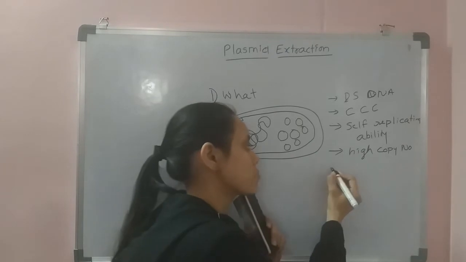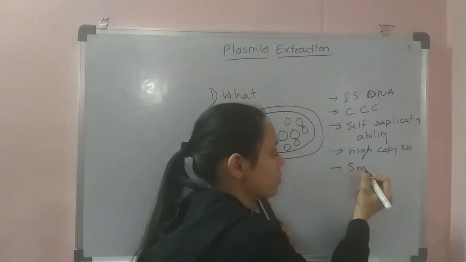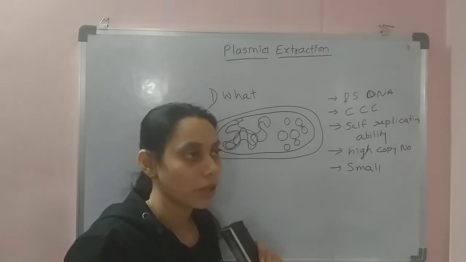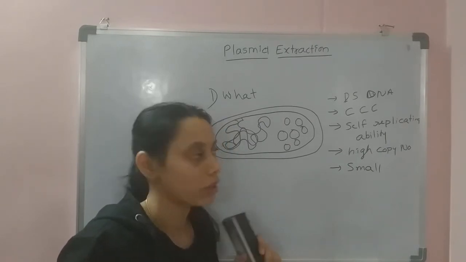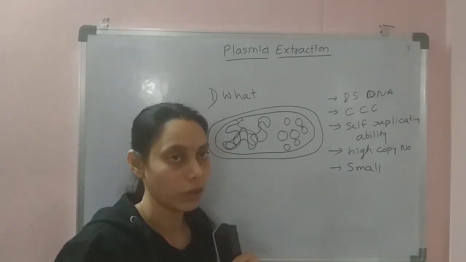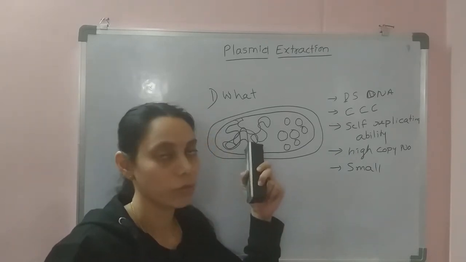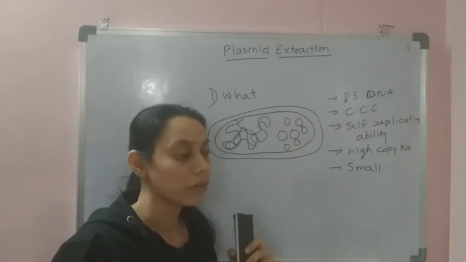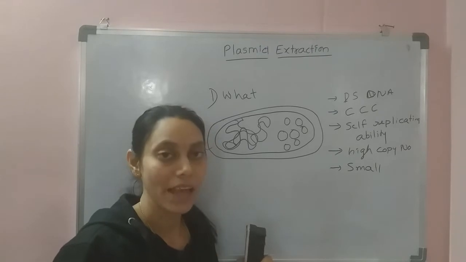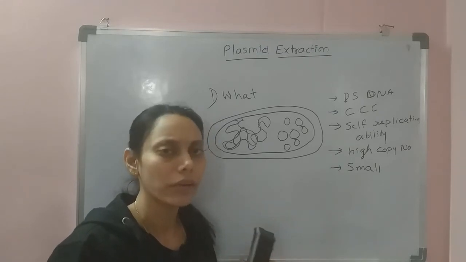And these are very small. These plasmids are comparatively much smaller than the genomic DNA. Say, for example, in E. coli, the major chromosome will be around 4000 and above kilobase pairs, and the plasmid will be only 10 to 100 kilobase pairs.